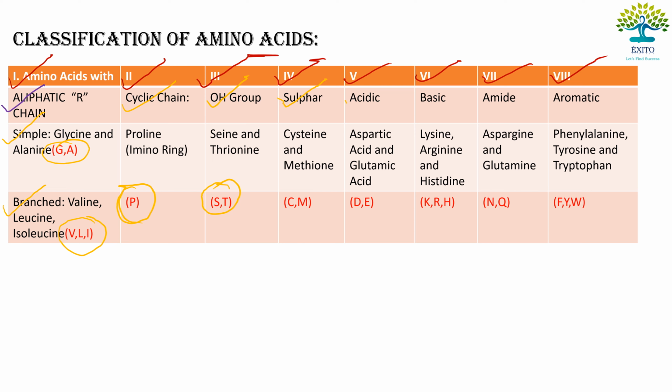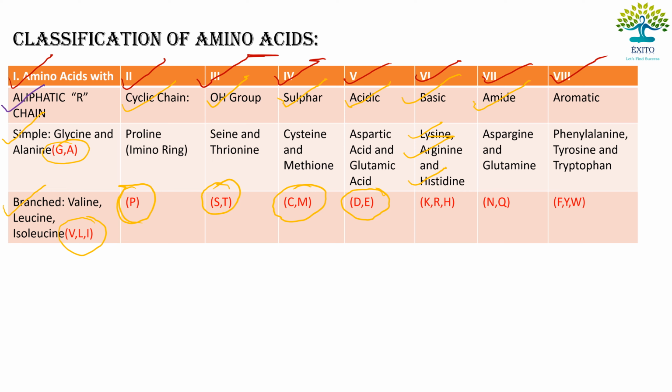Fifth is the acidic amino acids. The amino acids which are acidic in nature are aspartic acid and glutamic acid, again 2. Then there are basic amino acids, whose property is basic: lysine, arginine and histidine are the basic amino acids known in biochemistry.